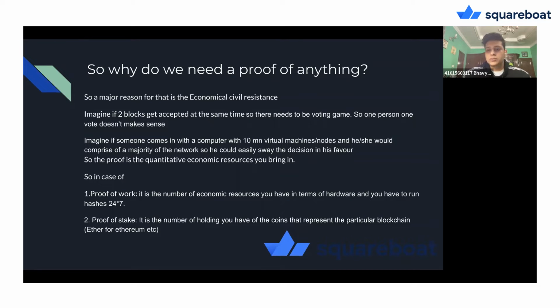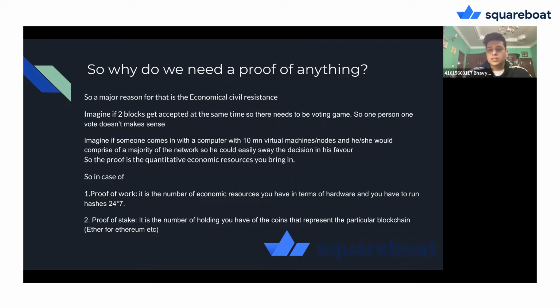Providing every person with a single vote won't make sense, because imagine someone coming with huge resources, and those resources could help him sway the whole process or the whole transaction. That doesn't seem fair.